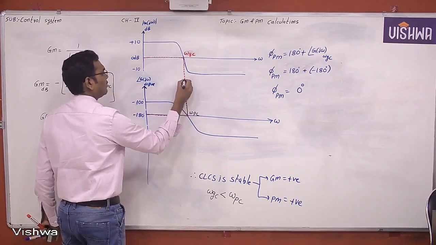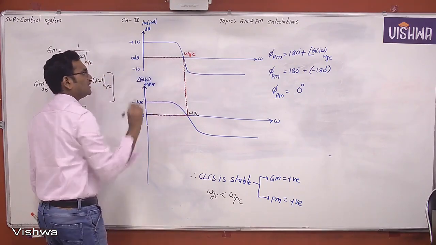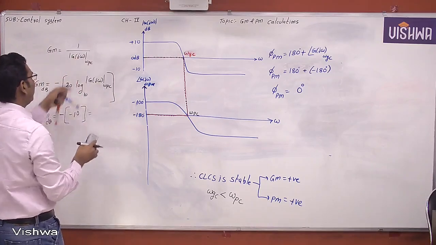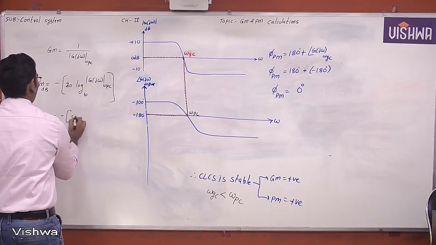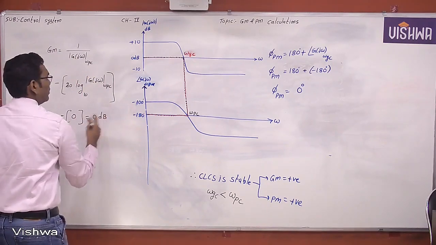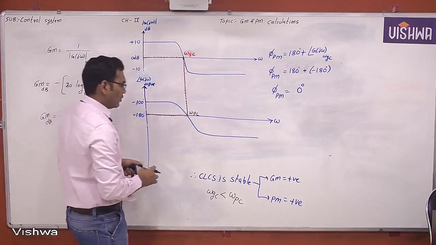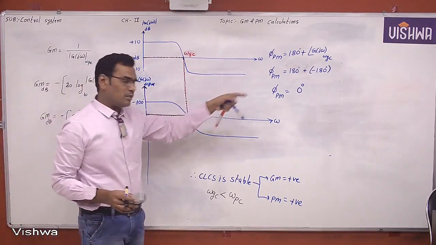At the phase crossover frequency, what is the magnitude? The magnitude is exactly 0 dB. Therefore, the gain margin is 0 dB and the phase margin is 0 degrees.